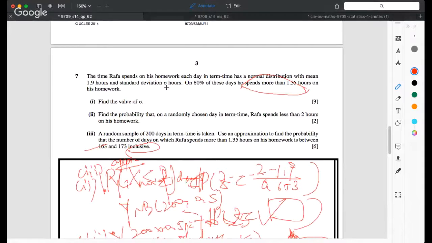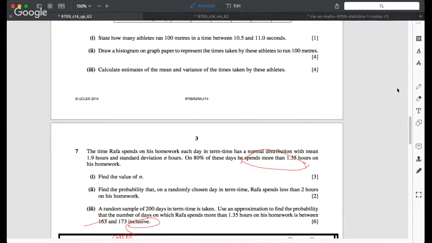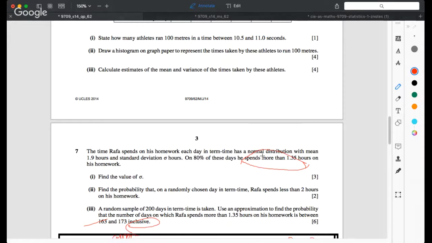Oh, yeah, I think just now I made a mistake, because I thought that 1.35 was the mean, but actually it's not the mean. The mean is 1.9 hours. So for our binomial case, it actually follows a binomial of 200 and 0.8 instead of 0.5. So P is 0.8 and Q is 0.2. Sorry for that.